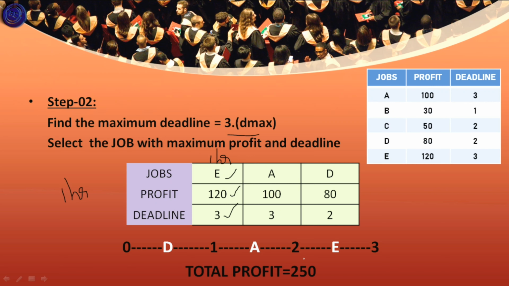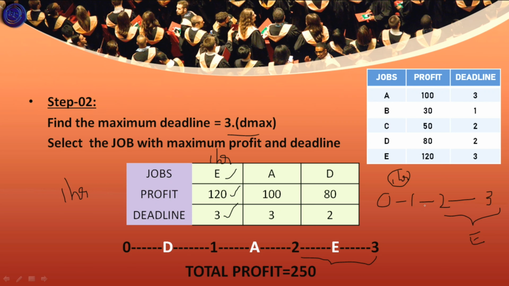Here, 0 to 1 hour, 1 to 2 hours, and 2 to 3 hours represent the slots. From 2 to 3 I represented E, because at the end of the third hour I am going to complete the job E. Then I selected job A which has the profit of 100 and a deadline of 3 hours.